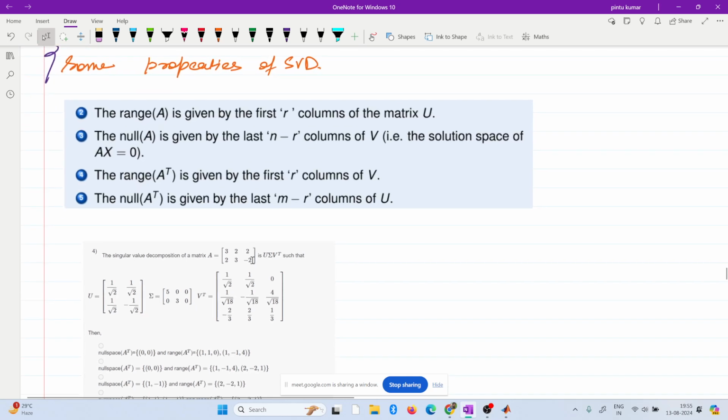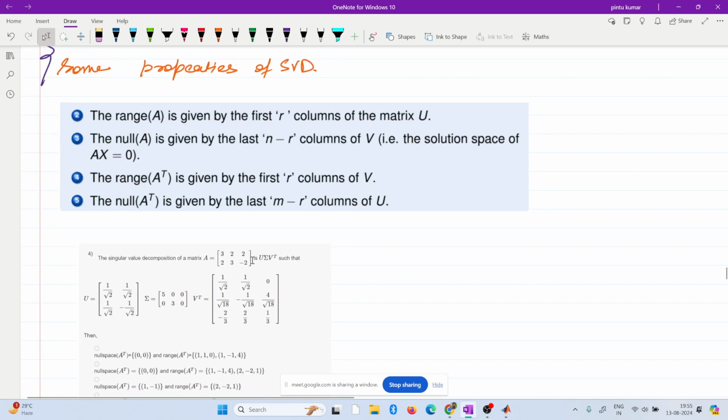So these are some properties of SVD that were there in the lecture.